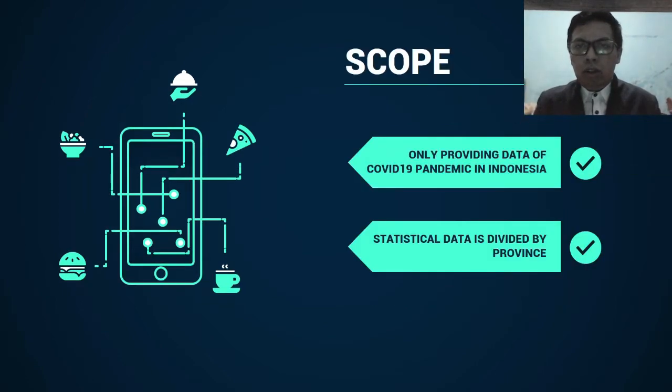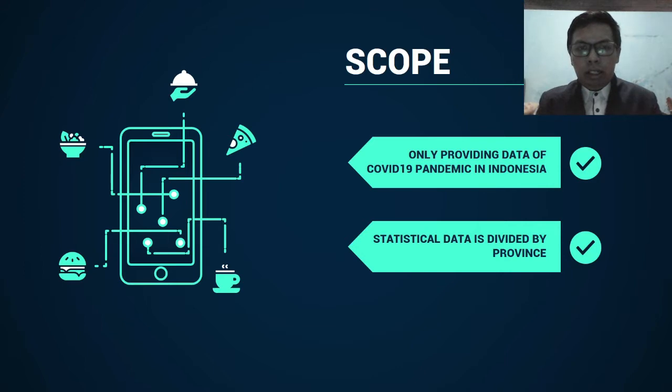Now we're talking about the scope of our project application. Our application only provides data of the COVID-19 pandemic in Indonesia. It means that we're not providing any data of the COVID-19 pandemic outside of Indonesia. The second scope is that statistical data in our application is divided by province, not by city or another. In the first plan of our project, when we first started this project, we planned to divide data by city.